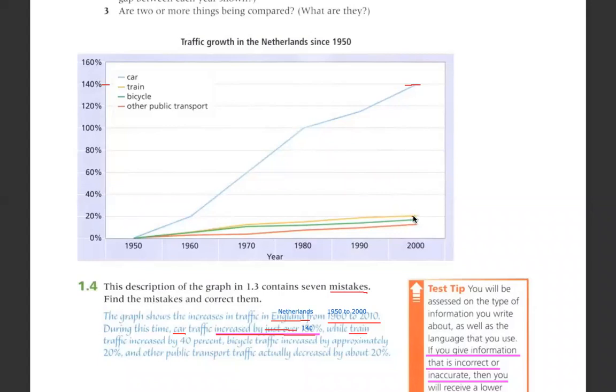All right, I would say that this is more on the line than over the line. So let's just go ahead and change this to 20%. Okay. So this is pretty much on the line. So I would say 20% is fine. All right, please find the next mistake. We're having a look at bicycle traffic.